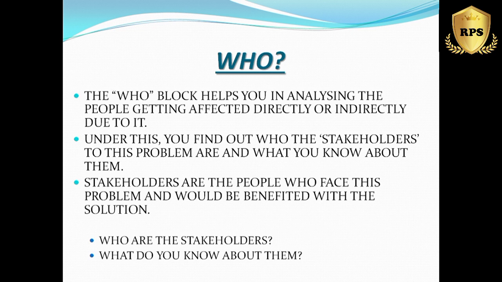So who is the stakeholder, and what do you know about them? I have written a small definition: stakeholders are the people who face the problem and would be benefited with the solution.